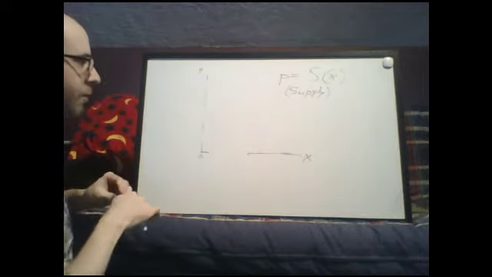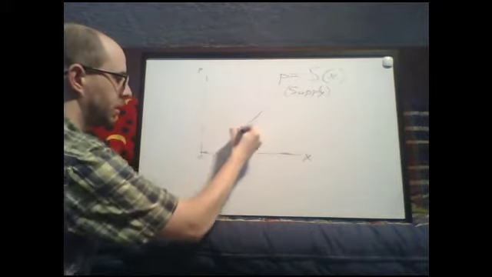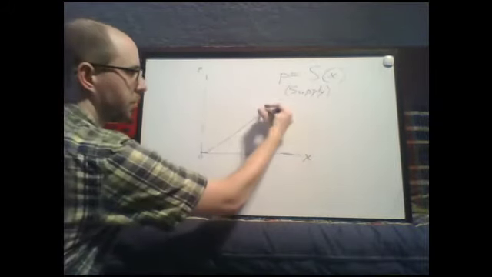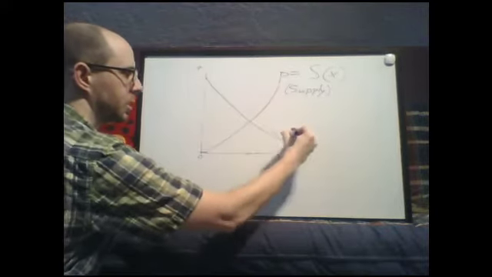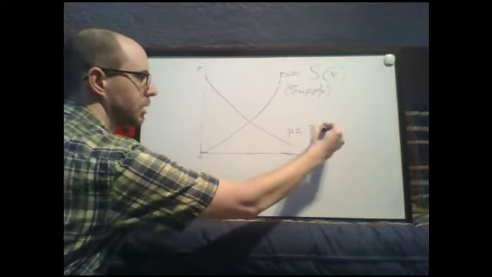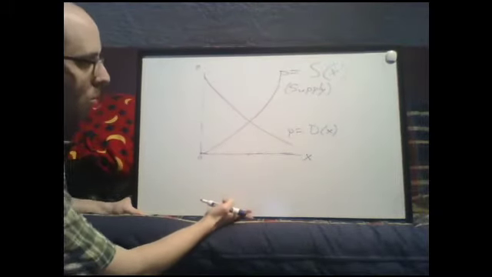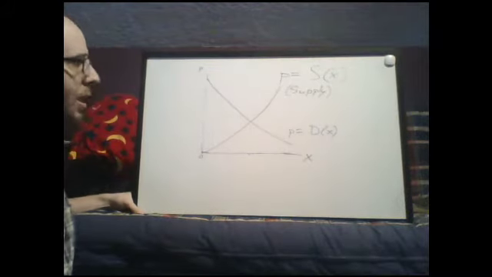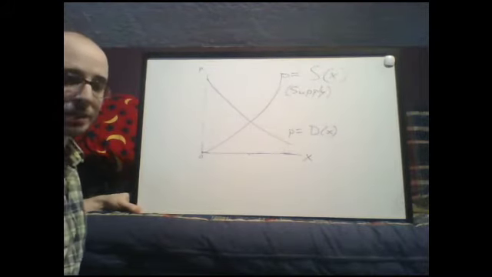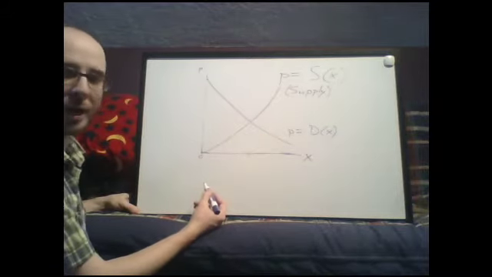Okay, so we have a supply function drawn, more or less. If we have a demand function, that's going to be some decreasing function like this. That's P equals D of X. And so one of the first things you learn in whichever economics course this would be is the way that price is determined is by finding the intersection point of the two curves, the supply and demand.